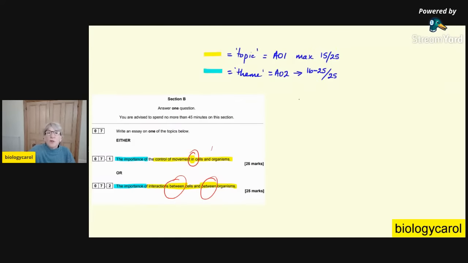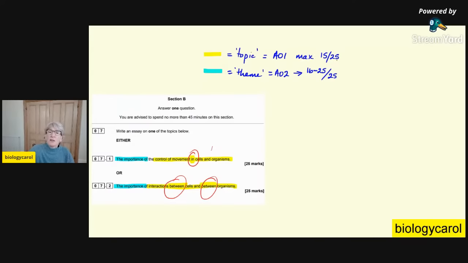So, worth noting that the topic of the essay are the AO1 marks of the essay. I said that most of the AO1 marks in this paper is in this essay, and they are. 15 of the marks out of the 78 on this paper are in this essay.